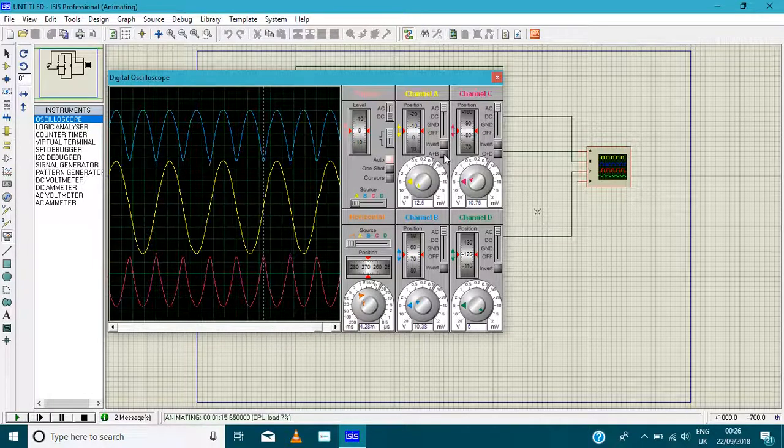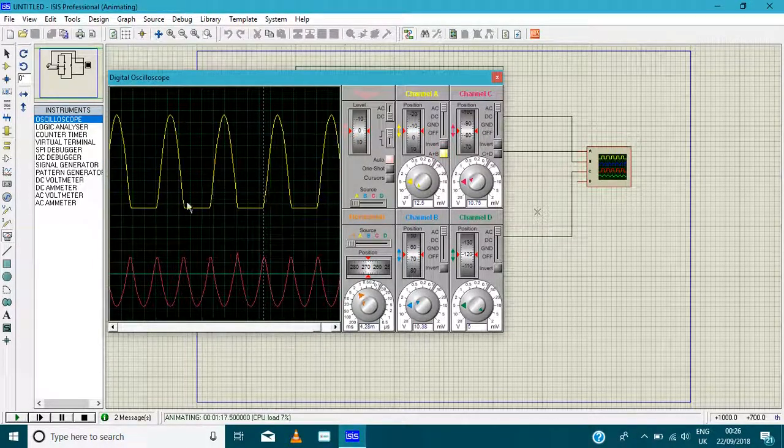Now what happens when we do A plus B? Then we can find the DC voltage over there.